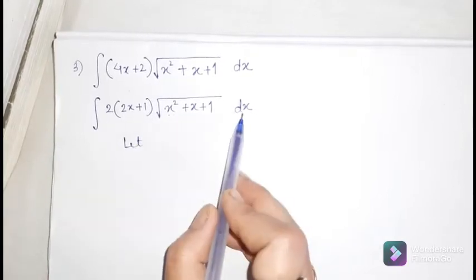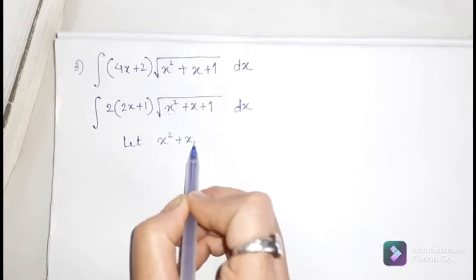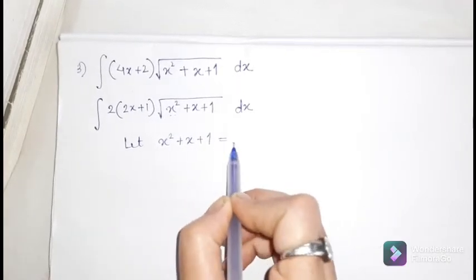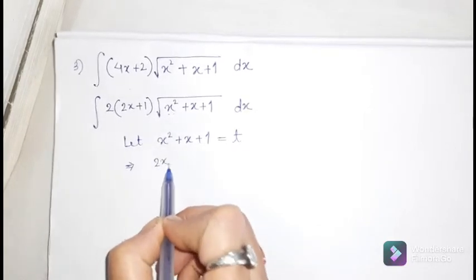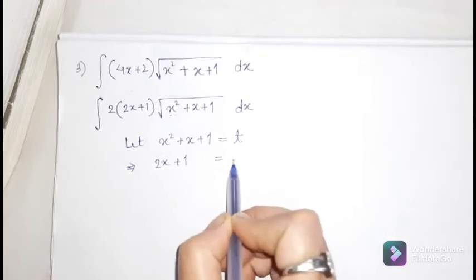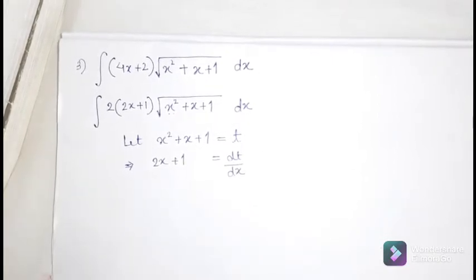So we get 2x plus 1 dx. So let x square plus x plus 1 equals to t. This implies 2x plus 1 equals to dt by dx.